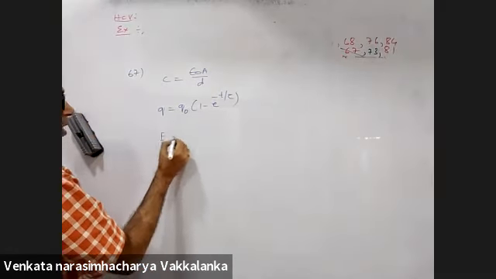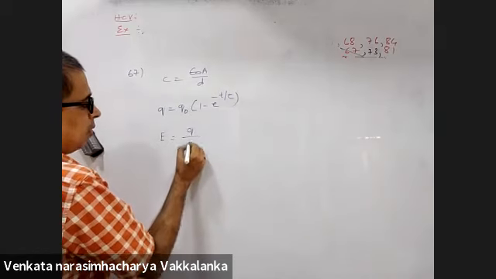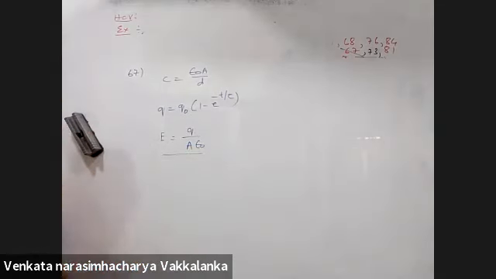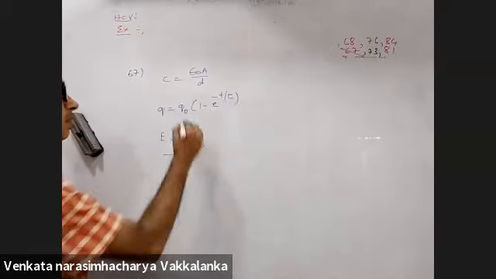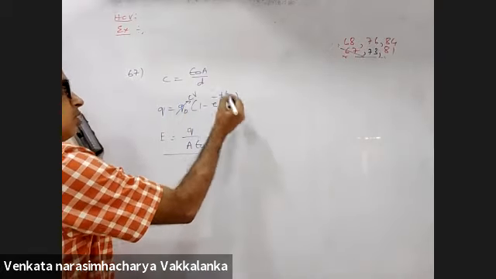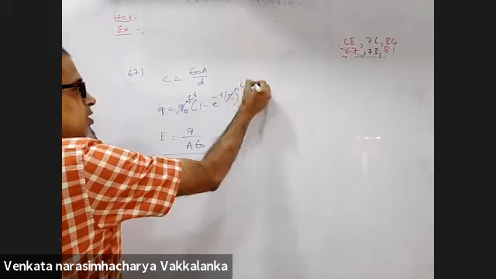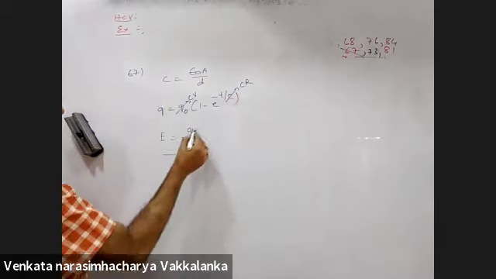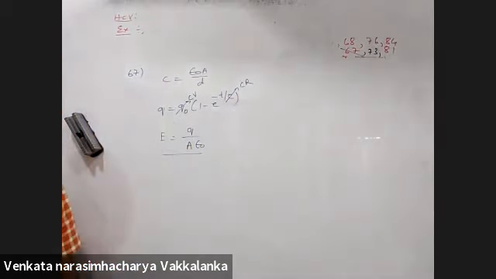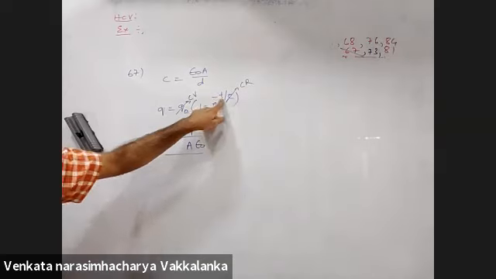Right? Electric field is Q by A epsilon naught. Q naught is CV. Tau is CR. C is calculated. Q by A epsilon naught. Time t is 10 nanoseconds.